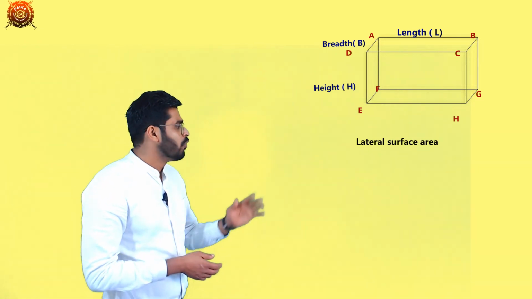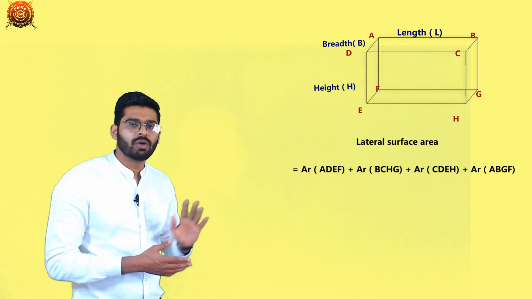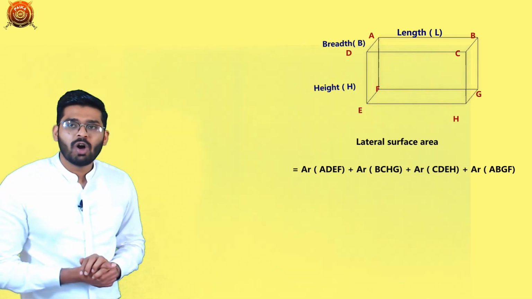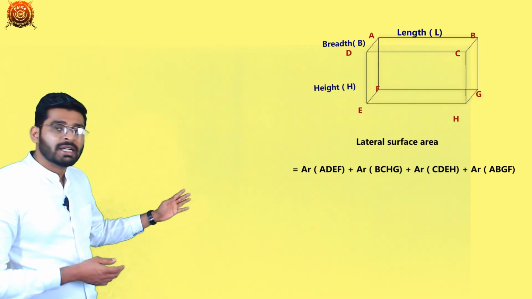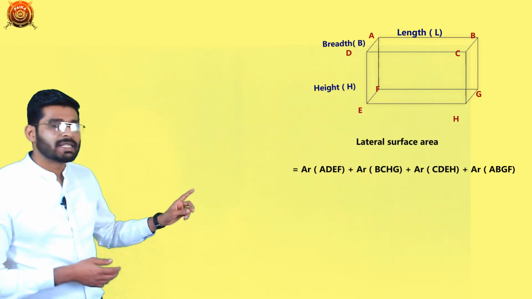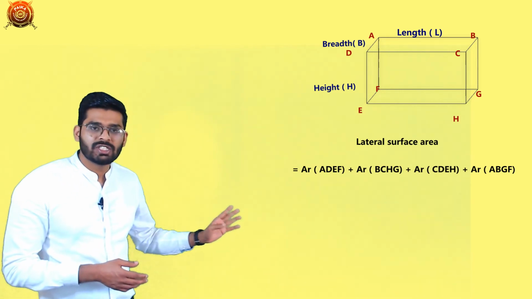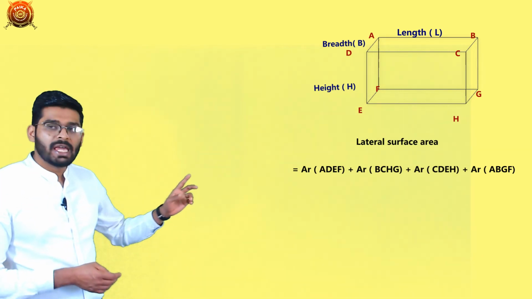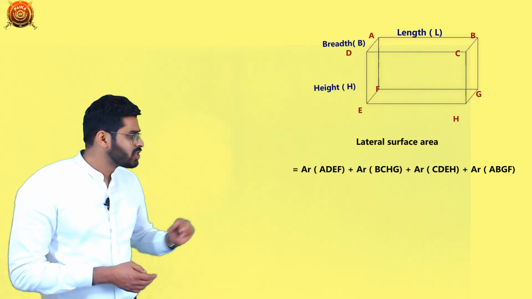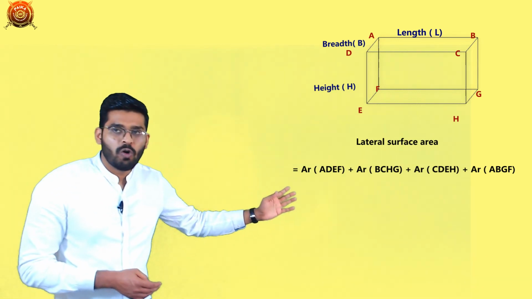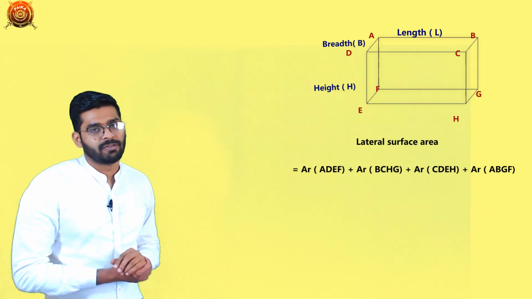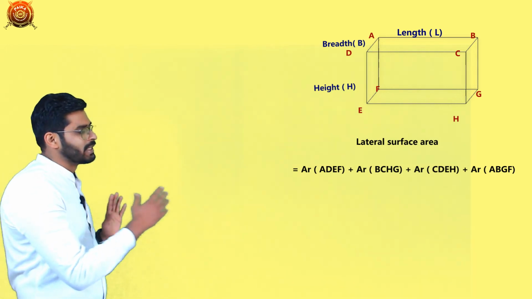So students, for this cuboid you have to find out the area of ADEF plus area of BCHG plus area of CDEH plus area of ABGF. Okay, and you have to add them.